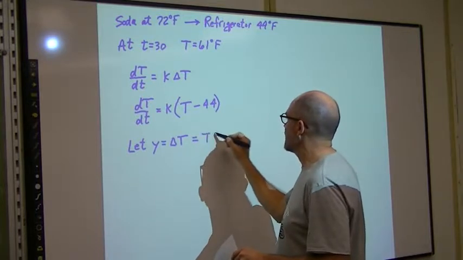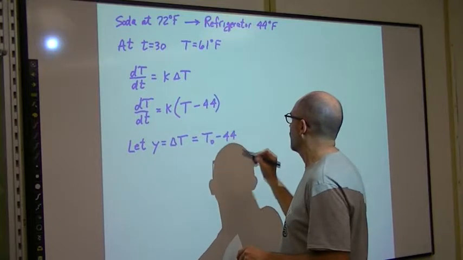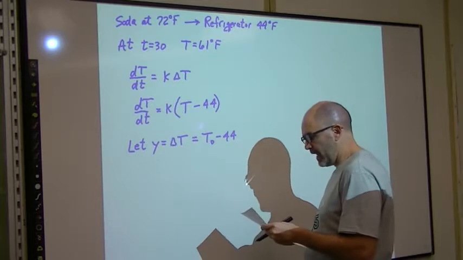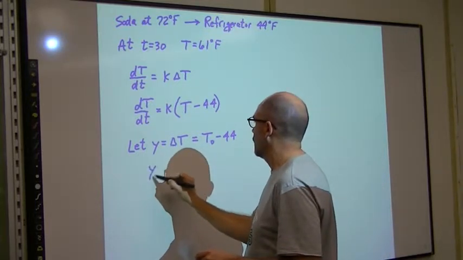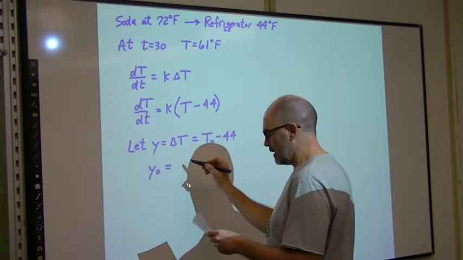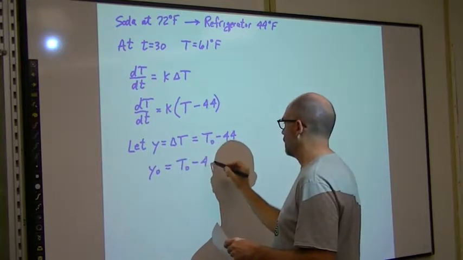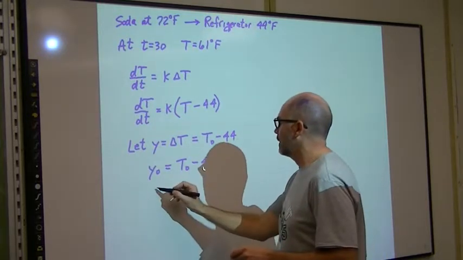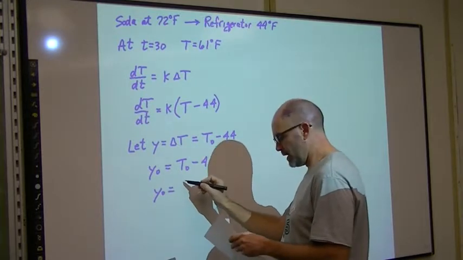Or we'll say T sub O minus 44. Okay, so y is T sub O minus 44. And so that means y sub O equals T sub O minus 44. And so that means y sub O equals 72 minus 44.